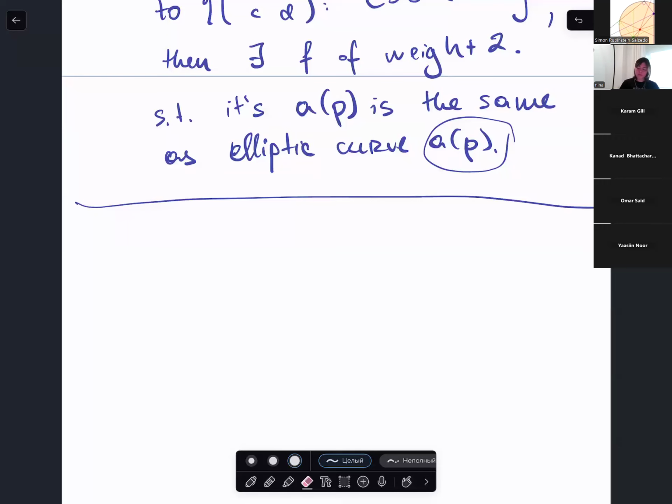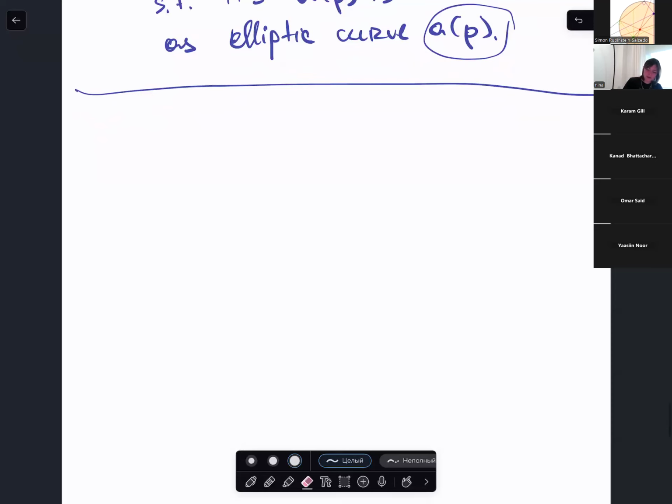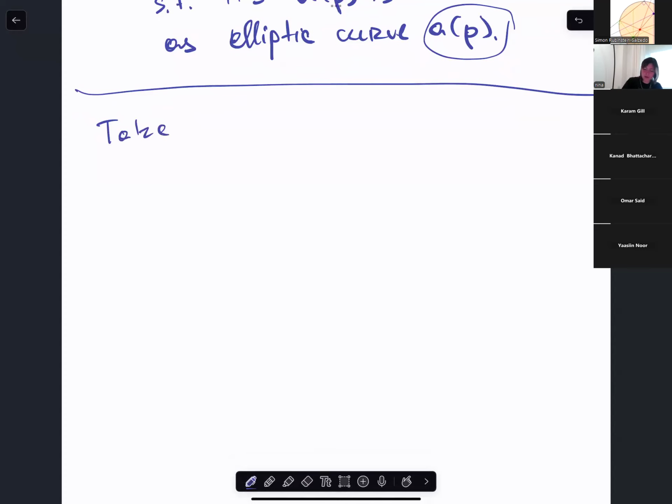And so they were taking AP for, say, P going up to, I don't know, 10 to the 10 or something. But you can't really do that much, so let's say 10 to the 5 or something.